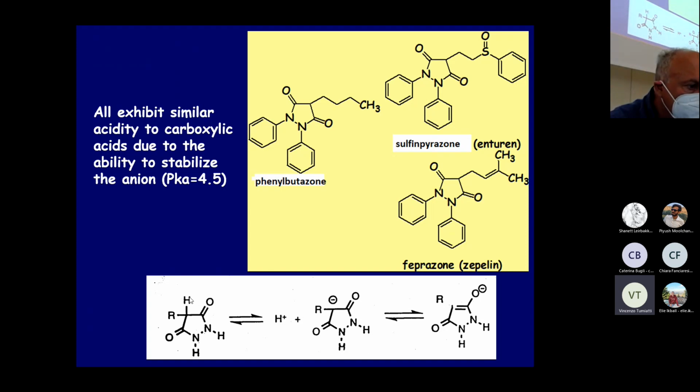It is the acidic proton, because we are between two carbonyls, and if we lose the acidic proton, the negative charge can be delocalized on the two carbonyls. But as I told you before, this class is not interesting.